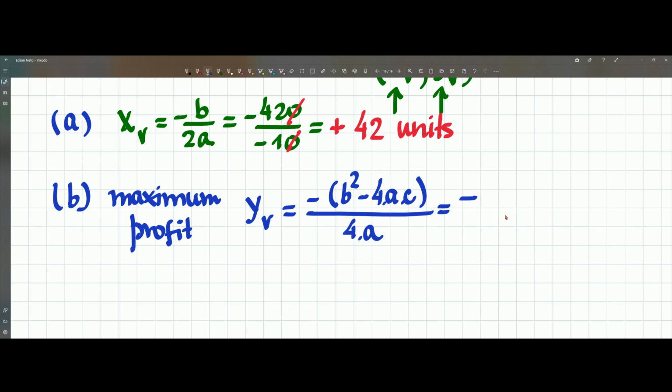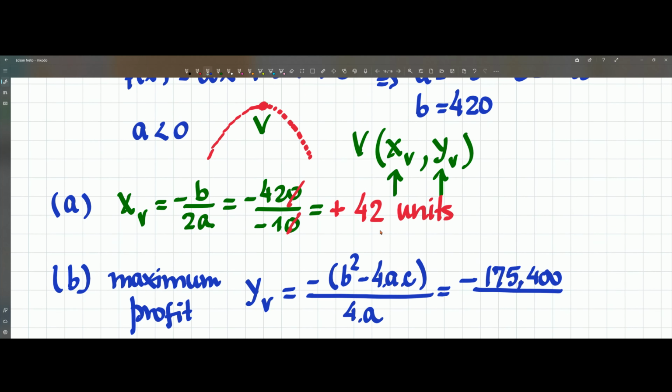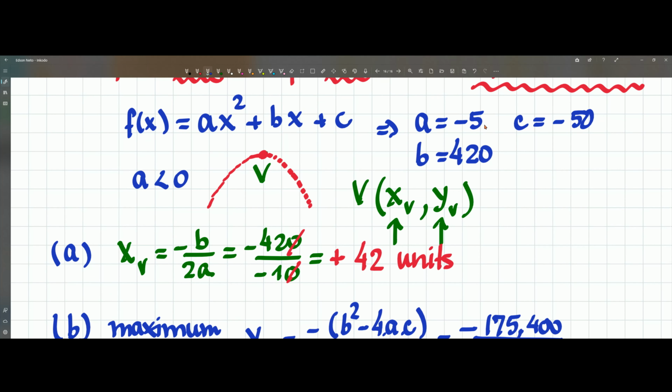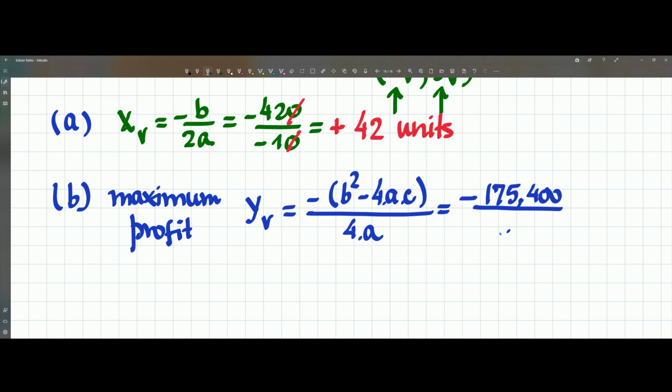In this case, these expressions result in minus this value, 175,400, all over 4 times a. A is minus 5, so minus 20.